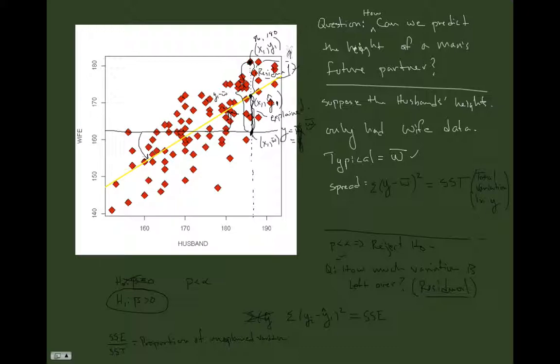Part one is the leftover or residual error, and part two is the explained error.